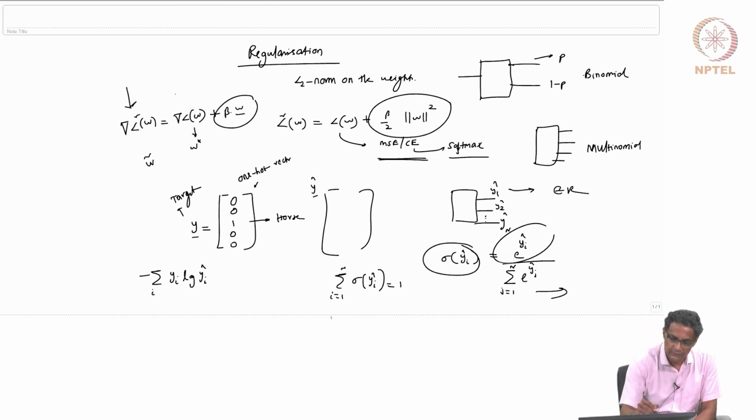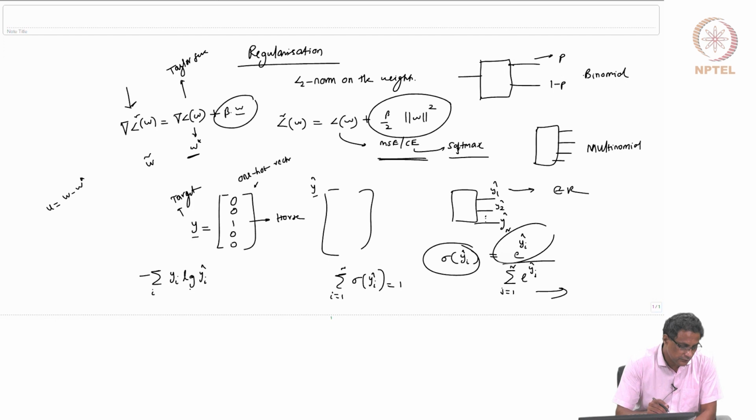The way this is arrived at, I will write the final expression, but the approach is that you expand this in terms of a Taylor series. Suppose I call the difference U, so this is W minus W star, where W star is this optimum.